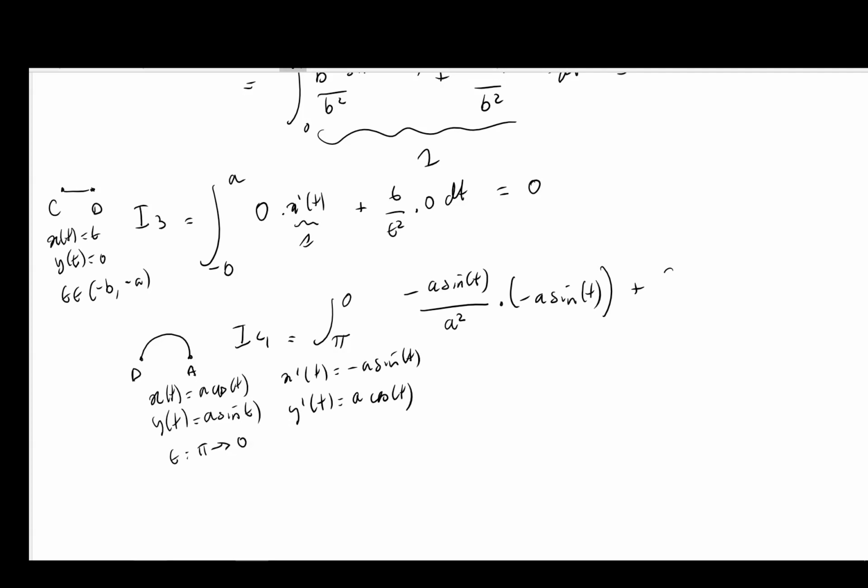So x is a cos of t divided by x squared plus y squared, times y prime, which is a cosine of t dt.